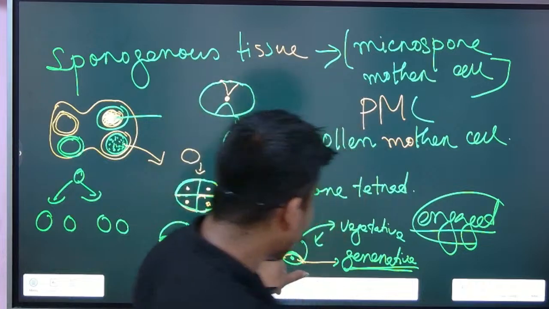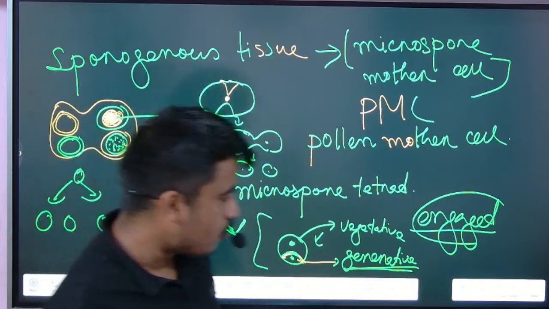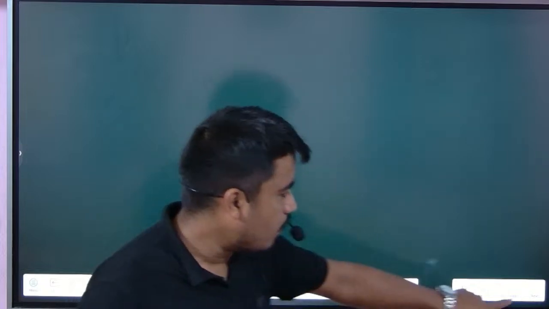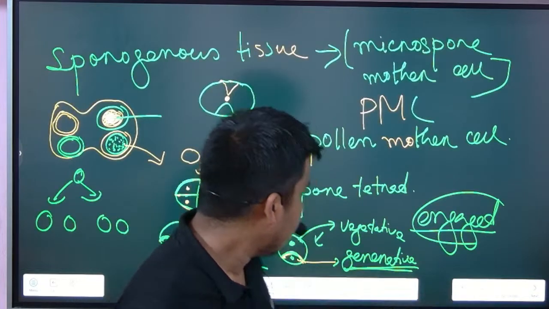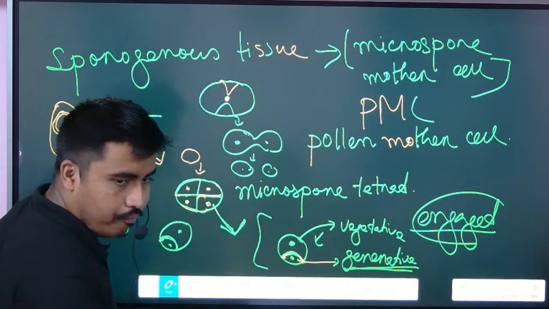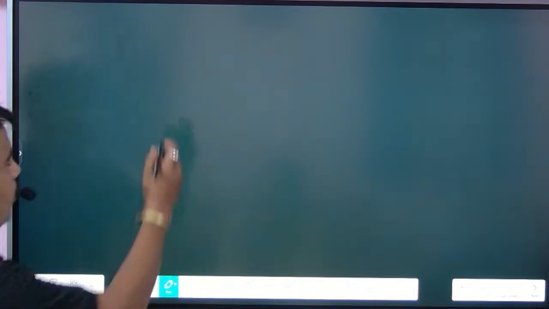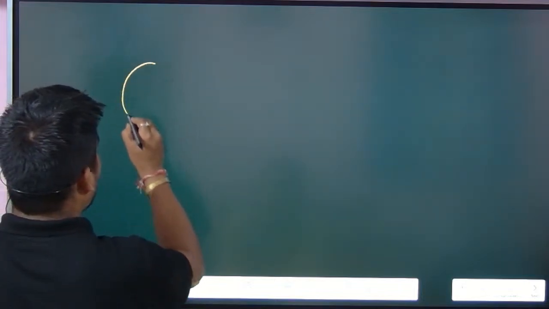This gamete must be enclosed by a protective layer, isn't it? This gamete, it's a gamete now. It must be enclosed in a protective layer. Why is it important? Because of protection from the outer environment.